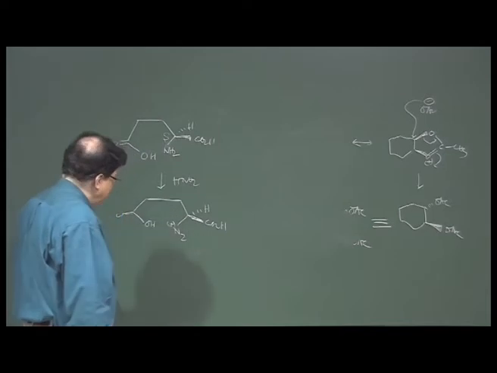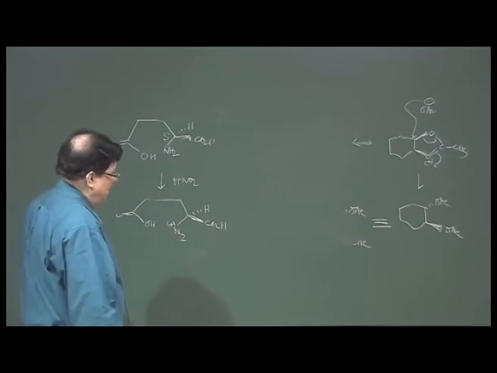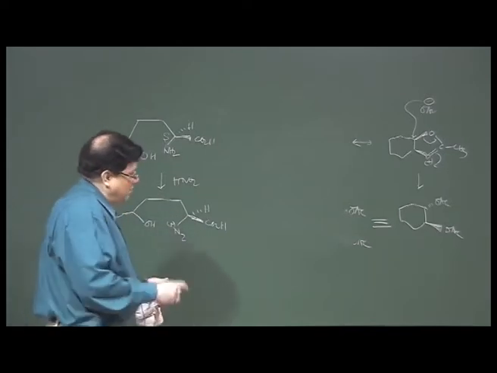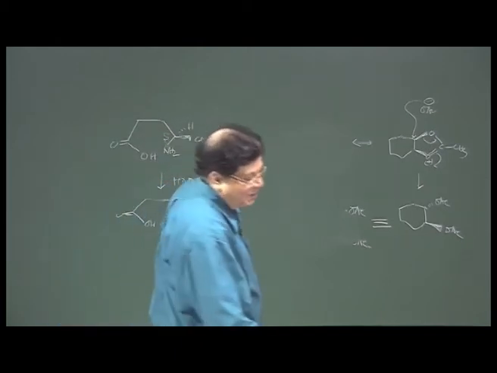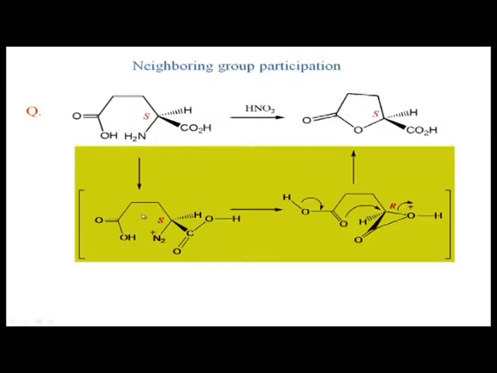So, that will create an R configuration. However, the configuration still remains S. So, what happens? There is neighboring group participation. Now, you come back to the slide, there is neighboring group participation. This oxygen, the carboxy, is very similar to that alpha bromopropionate case.